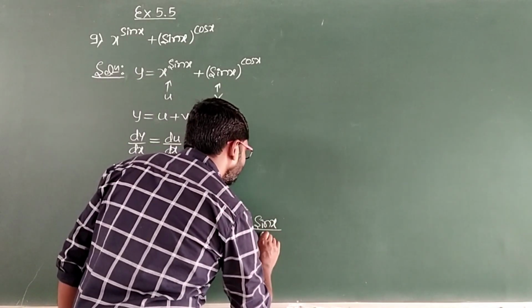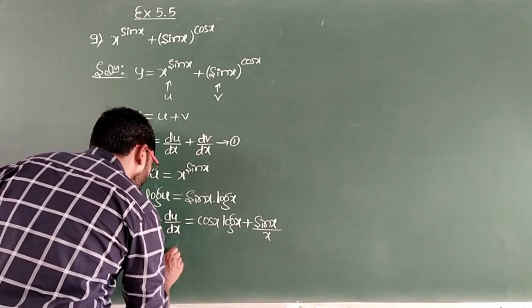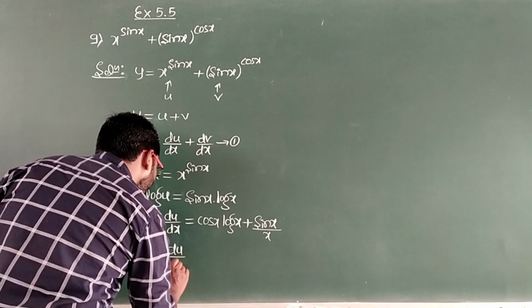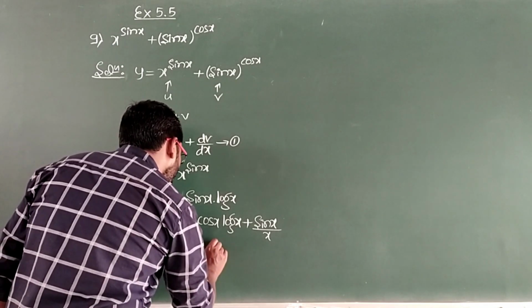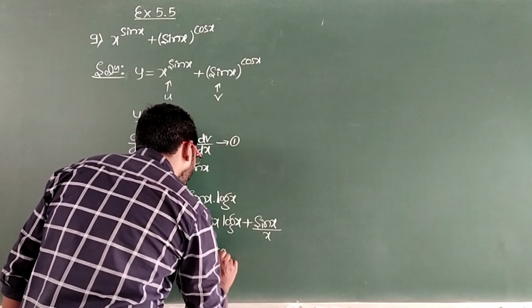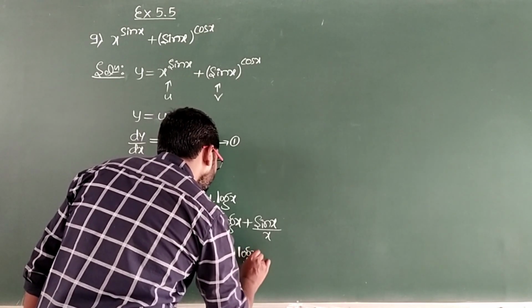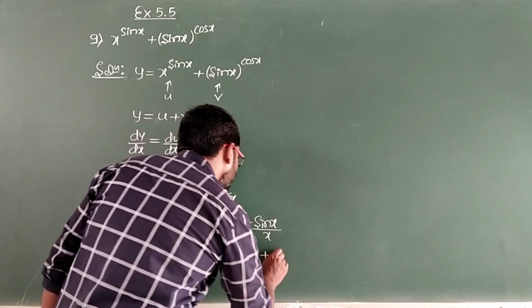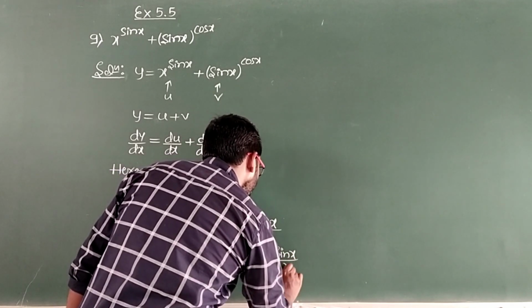Now take u to the right hand side, it goes to the numerator. du by dx is equal to u into cos x into log x plus sin x by x.